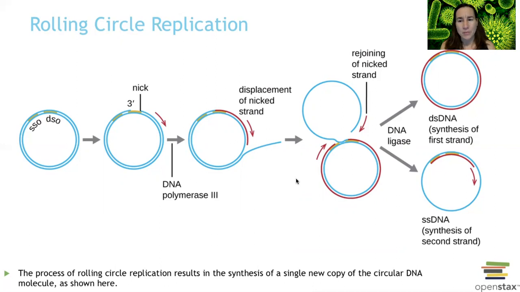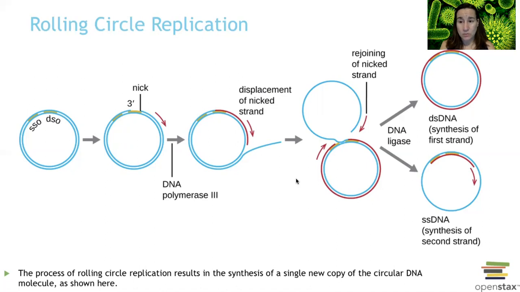Maybe that's found in a plasmid. And if I share this plasmid with my fellow neighbor bacteria and they take this plasmid, then they also have these genes. So plasmids will undergo rolling circle. Some viruses do rolling circle too. And this is the way it's going to happen.